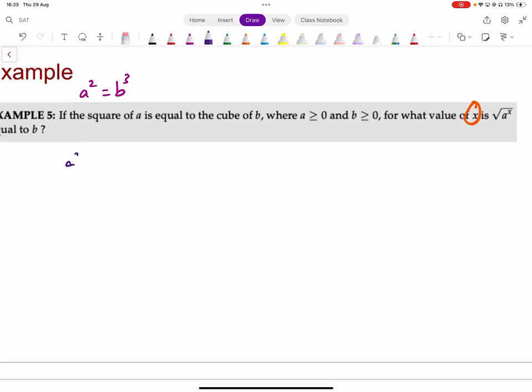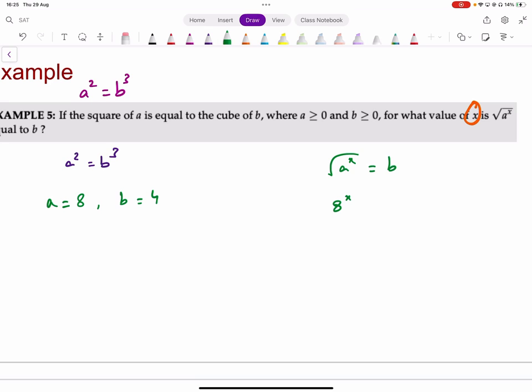What you're saying is this equation satisfies if the value of a is 8 and the value of b is 4. This is one set of values for which this equation satisfies. If you use these values of a and b, you can use these to find the value of x there. You can try that and see what that gives you.